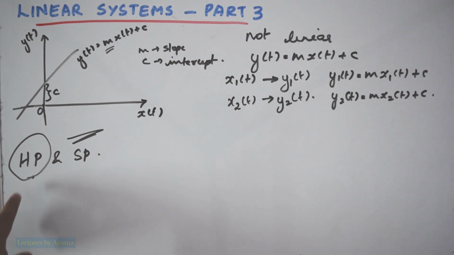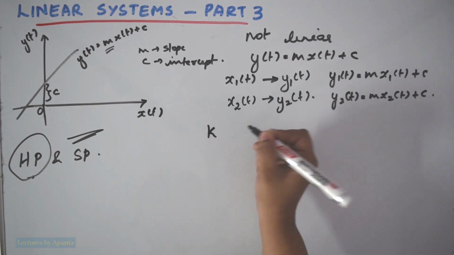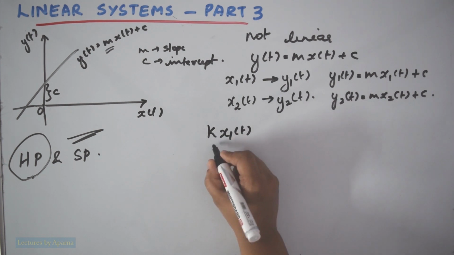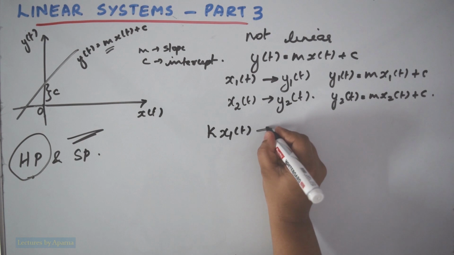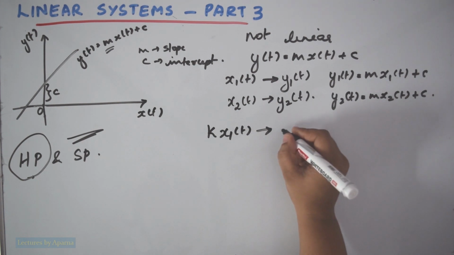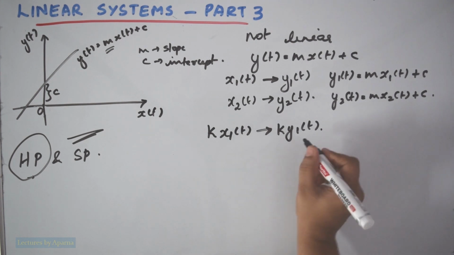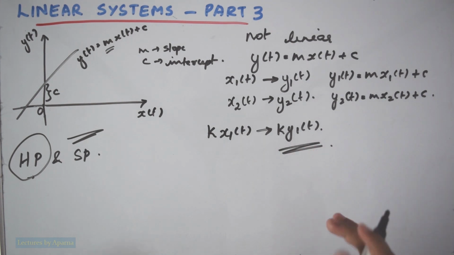So to check the homogeneity property, we have to give an input which is k times the value of x1 of t. When we give an input which is k times x1 of t, it should give an output which is k times y1 of t. If we get the output like this, then we can consider that the system is linear.